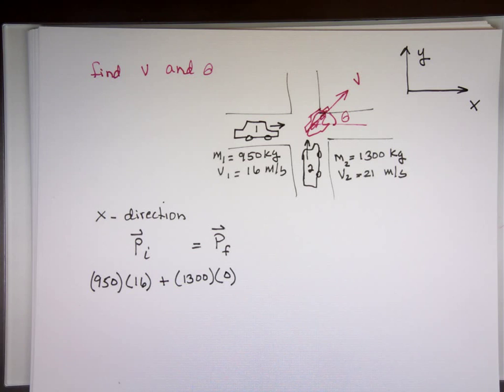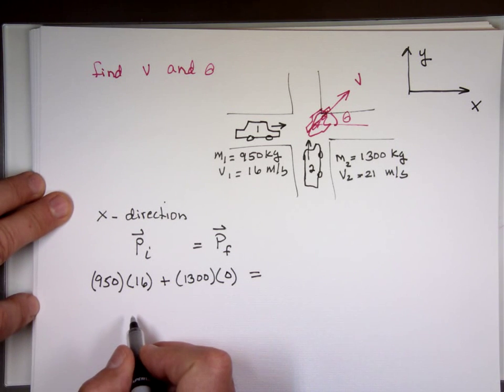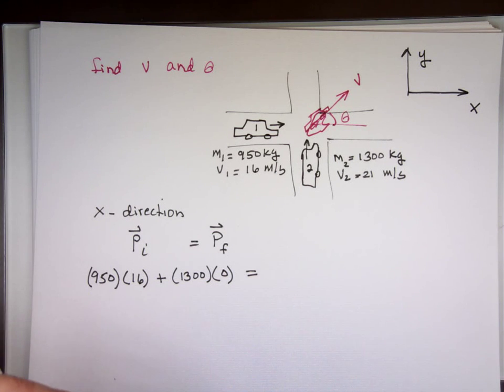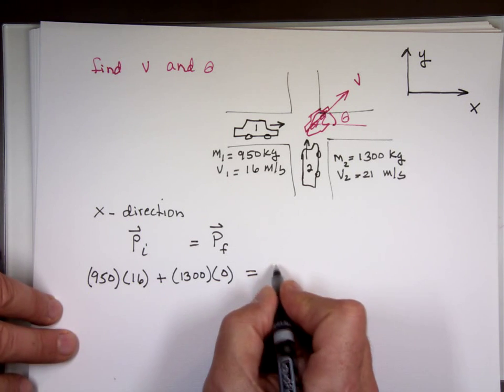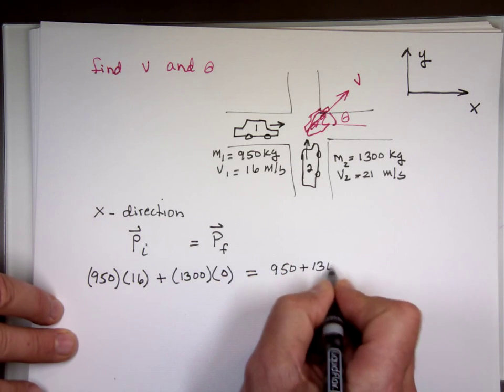The net result. Now the two cars stick together, they become one mass. And how heavy is that car now? Is it 2,000, or I'll go 950 plus 1300. I'll use a calculator for that. And what was the velocity in the x direction here?